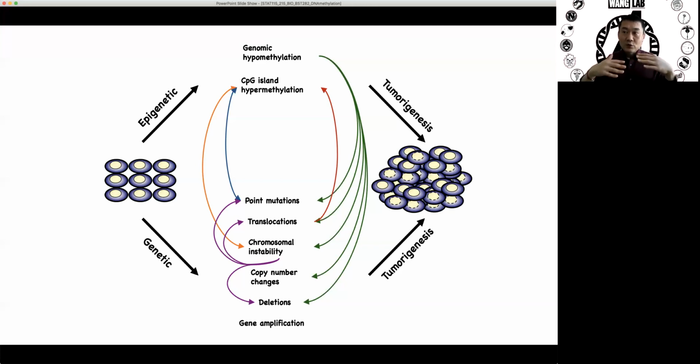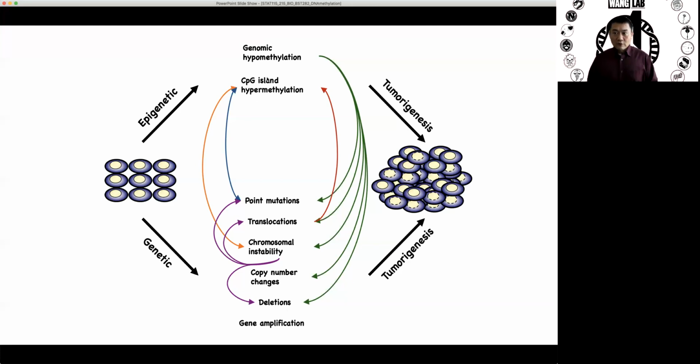These repeats are perfect substrates for recombination, so you're going to see deletions, amplifications, and copy number changes. The genome becomes fragile. So this is an epigenetic change leading to a genetic change.